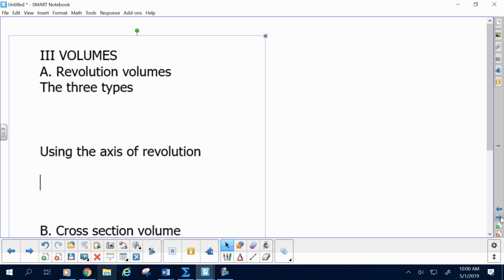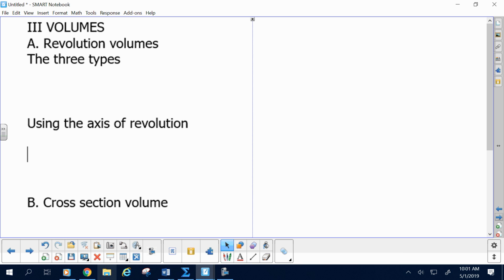There really are two families of volume problems, revolution and cross-sectional volume. There are three types of revolution problems. If you would, draw yourself a little sketch. And would you make a slice perpendicular to the x-axis that touches the x-axis?